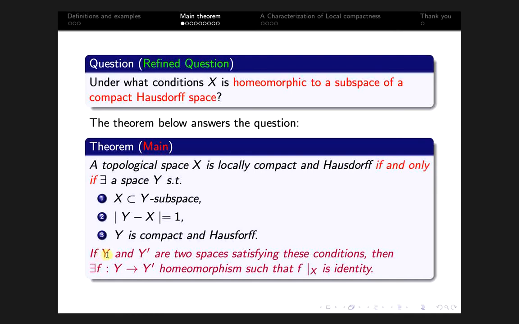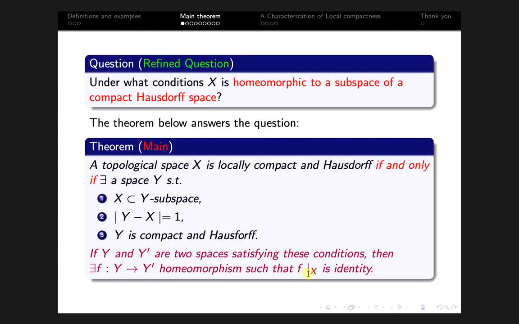Furthermore, if Y and Y prime are two topological spaces satisfying these three conditions, then there exists a homeomorphism f from Y to Y prime such that f is the identity when restricted to the subspace X.